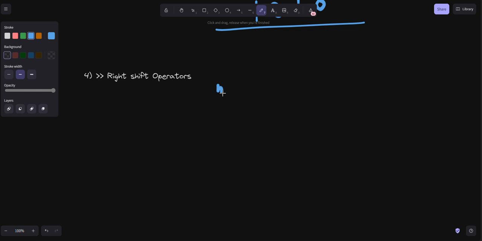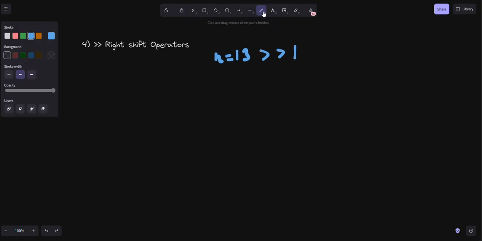Let's say n is equal to 13, and it is right shifted by 1. What does this mean? Let's see. As we know, 13 will be stored in binary digits in the computer.